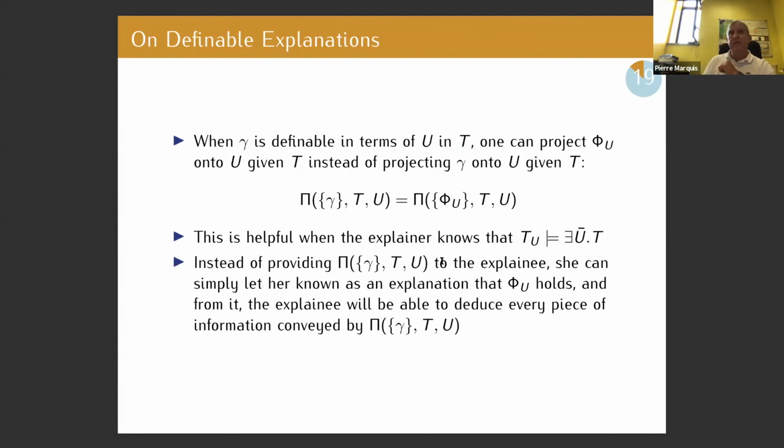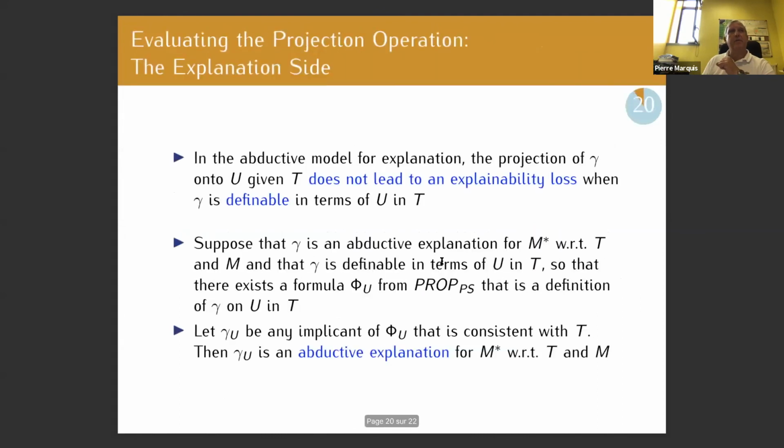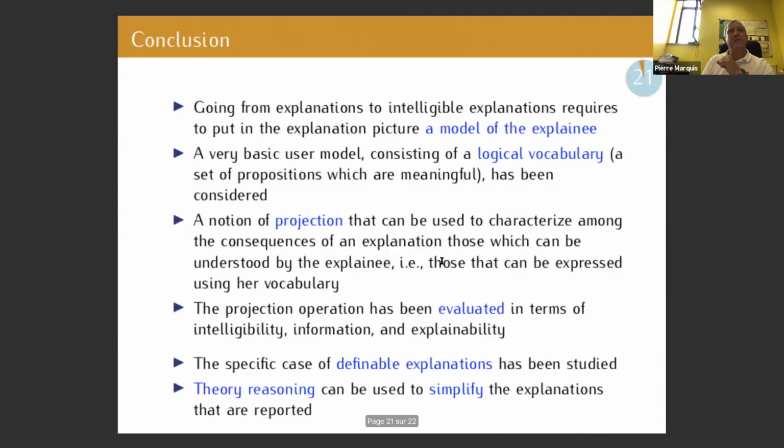The details are in the long version, the extended version of the paper. So to conclude, basically what I wanted to show you here is that going from explanations to intelligible ones requires putting in the picture a model of the explainee. In this work, we have considered a very simple model, just a logical vocabulary.